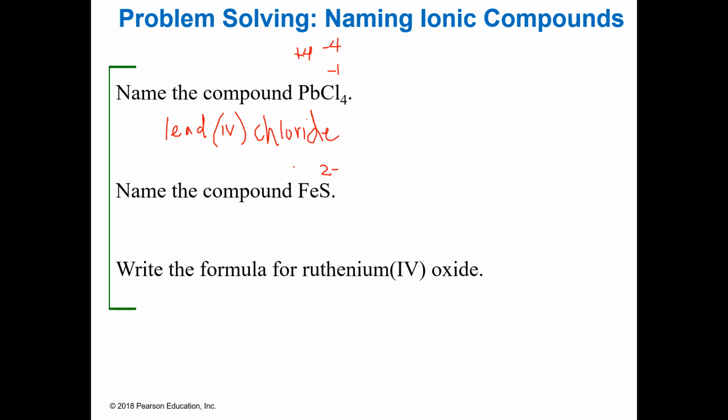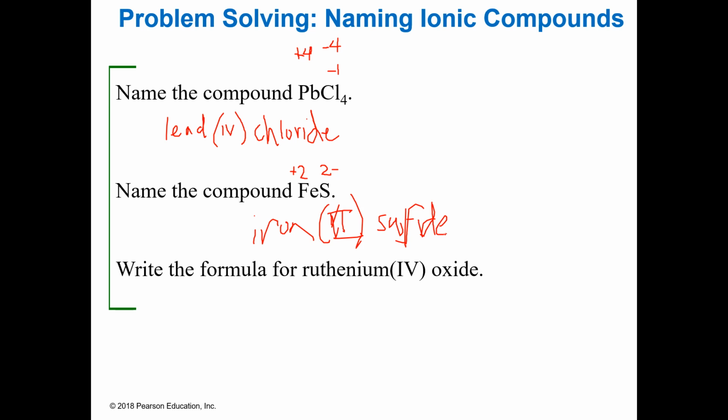So here, iron has to be +2, because there's just one of each. So I would name this iron(II) sulfide.